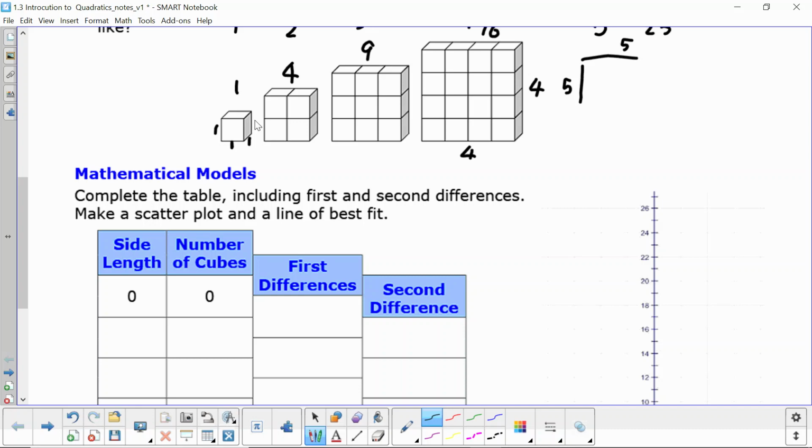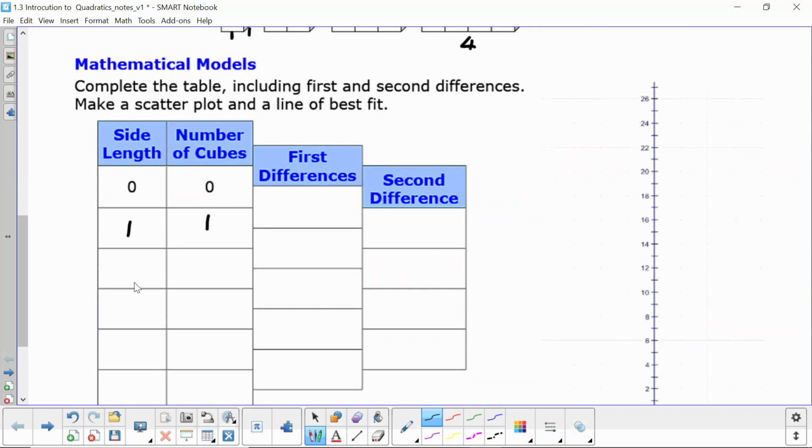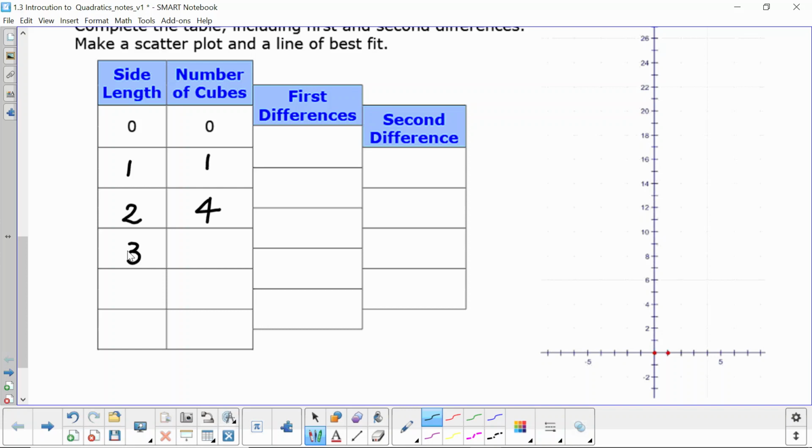For this model, if you have length 0, then 0 times 0 gives you 0. If the length is 1, then you have only 1 cube. If the length is 2, then you will have 4 cubes. So we just fill in this table of values. And 3, we have 9. 4, we have 16. 5, we have 25.